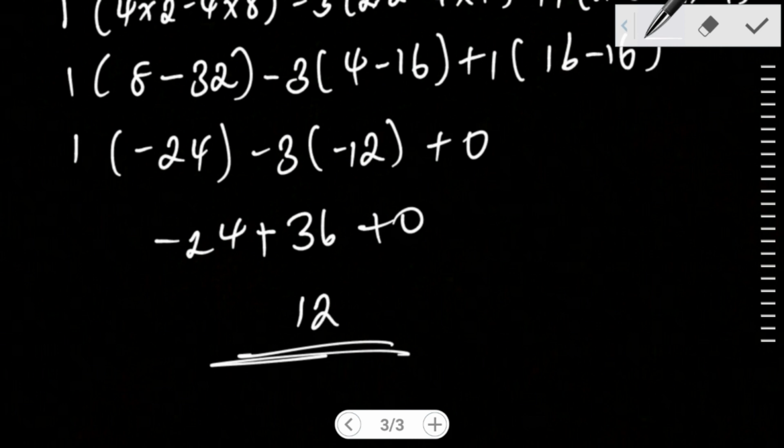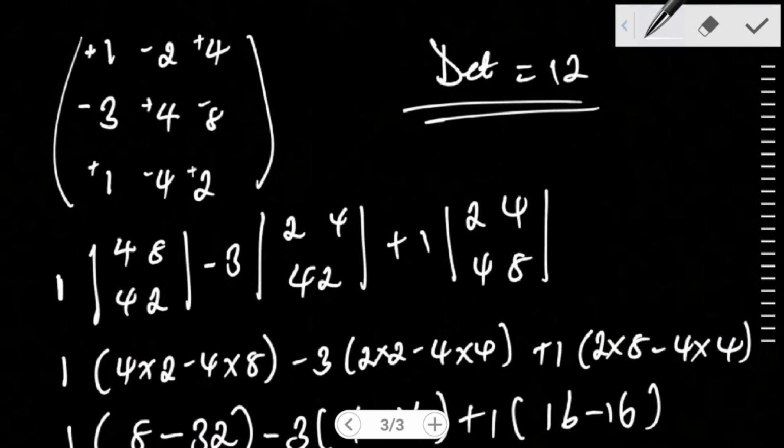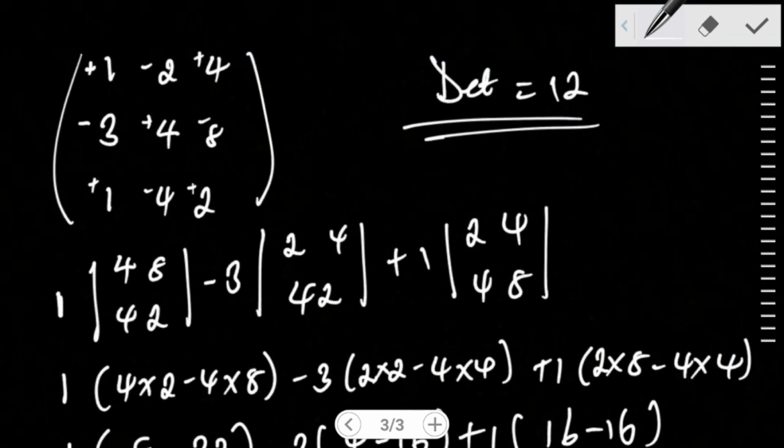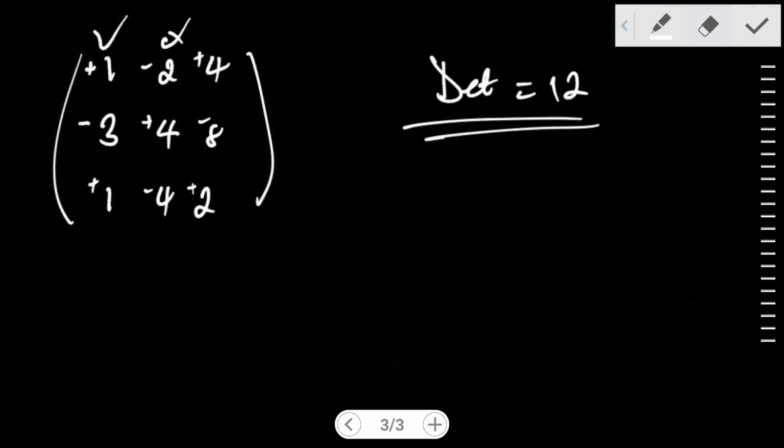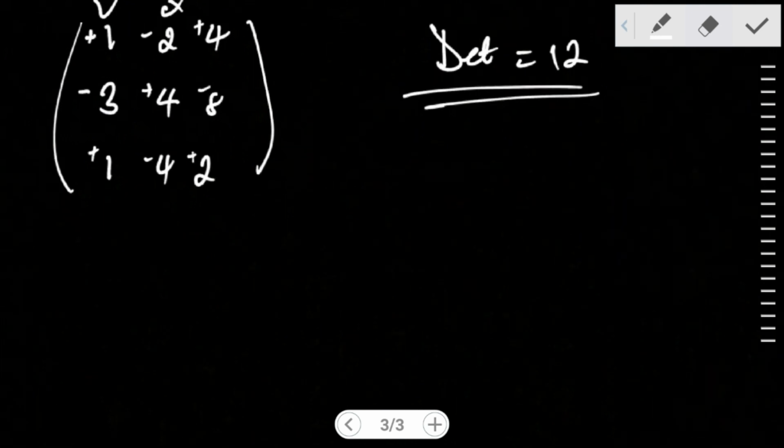Now let's try to use the second column. Now I've used this, now I want to use that one. With the second column, I'm going to say that I'm going to have negative 2. Then what am I remaining with? So I'm having 2.